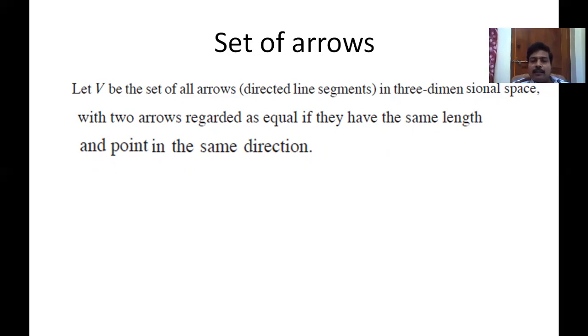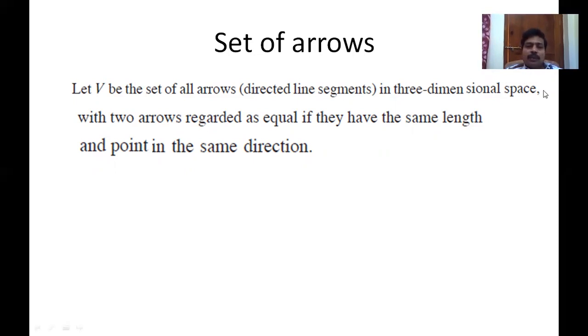This is a line segment and it has some direction in three-dimensional space, with two arrows regarded as equal if they have the same length and point in the same direction. The two arrows of the same length and same direction are equal.